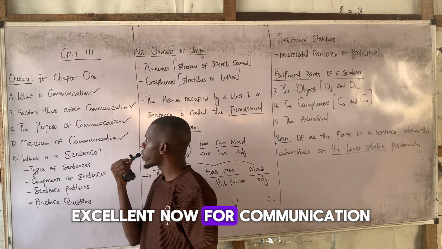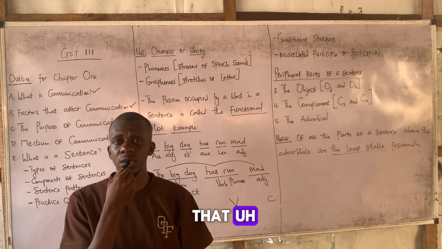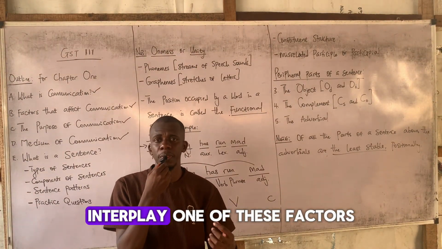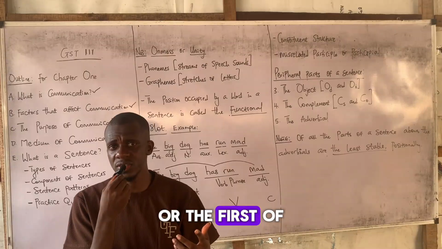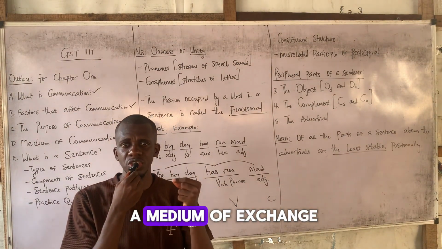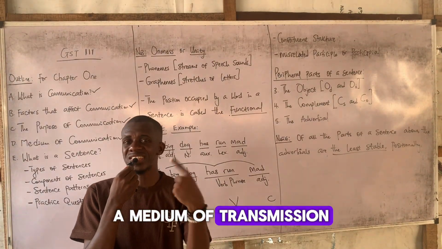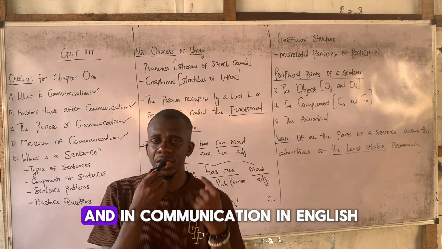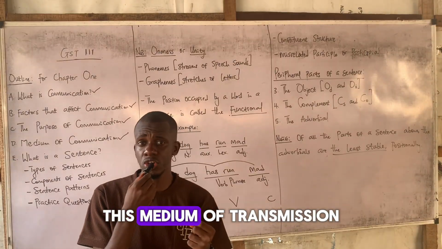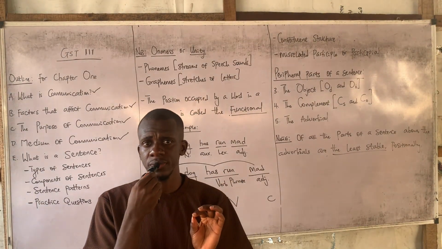Excellent. Now, for communication to occur, there are certain factors that interplay. The first of these factors is there must be a medium of exchange, a medium of transmission. And in communication in English, this medium of transmission is popularly known as language.